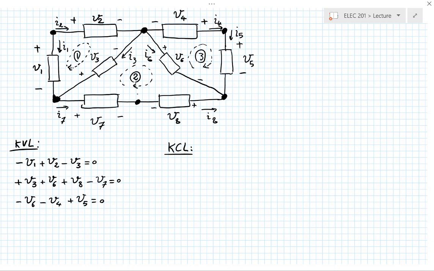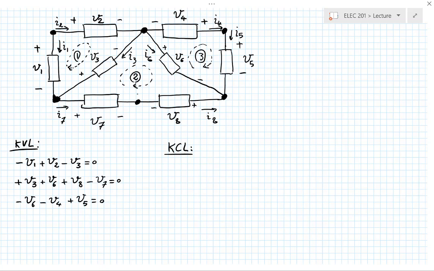But let's write them. So bottom left corner, I'm going to write down the KCL equation for the bottom left corner. The algebraic sum of all the currents going to the node is going to be 0. Now there are 3 branches connected, means there are 3 currents.